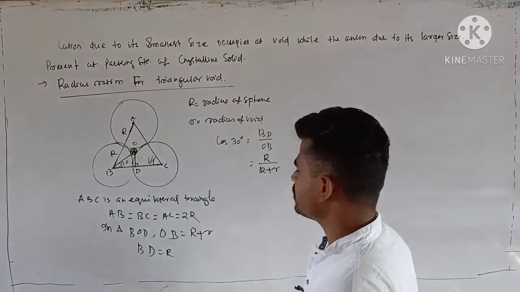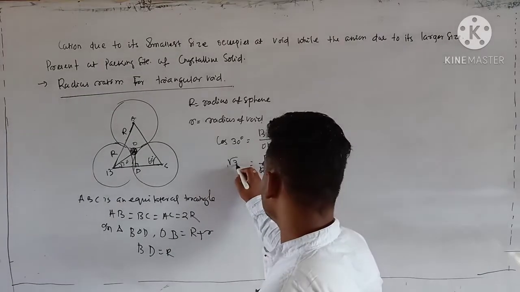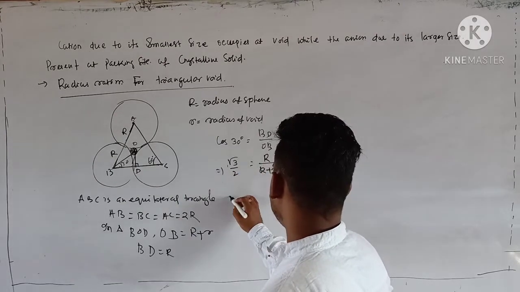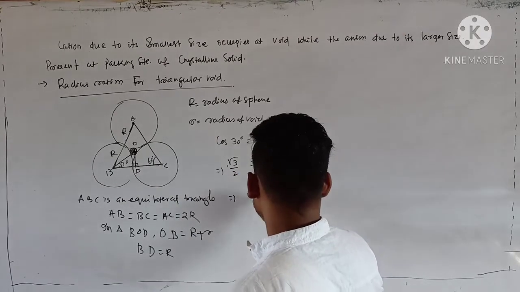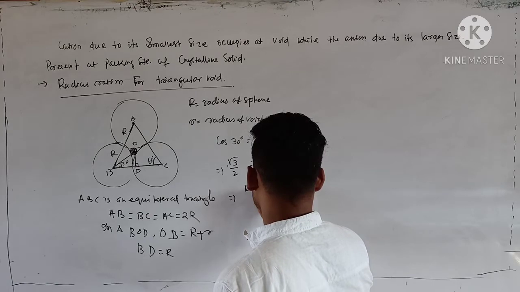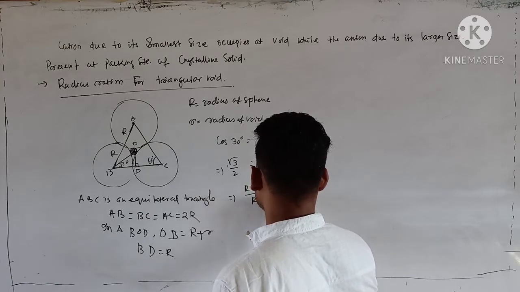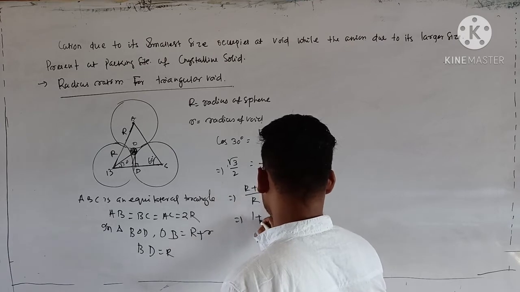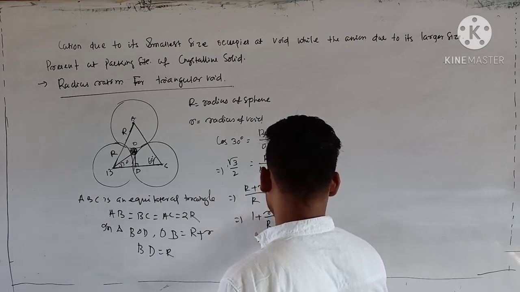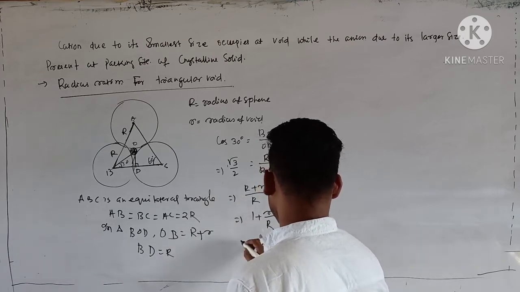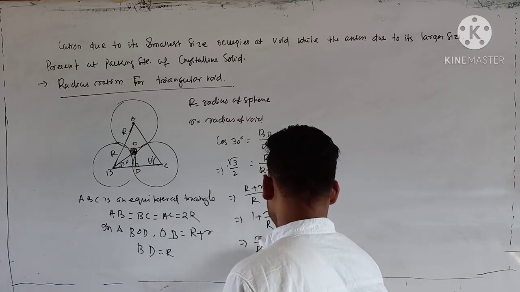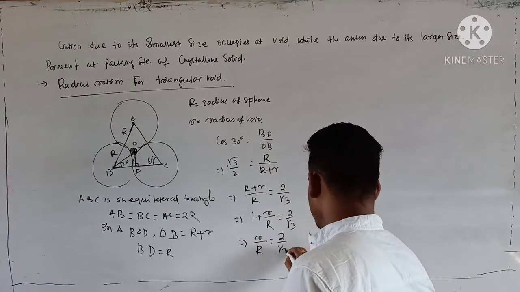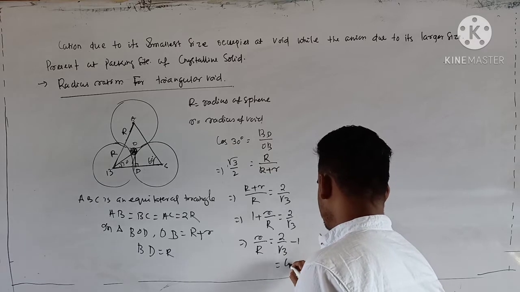And you know cos 30 is root 3 by 2. That implies R plus r upon R is 2 upon root 3, so 1 plus r upon R equals 2 by root 3. That implies r upon R equals 2 by root 3 minus 1.